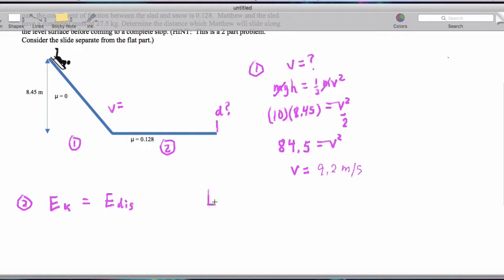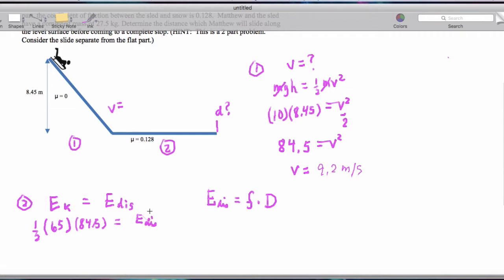And then we're going to use the E dissipated to get the work done, which is the friction force times the distance to stop. So step at a time, 1/2 times m, which is 65, times v squared, which works out again to 84.5 when I look at part 1. That's going to be E dissipated.